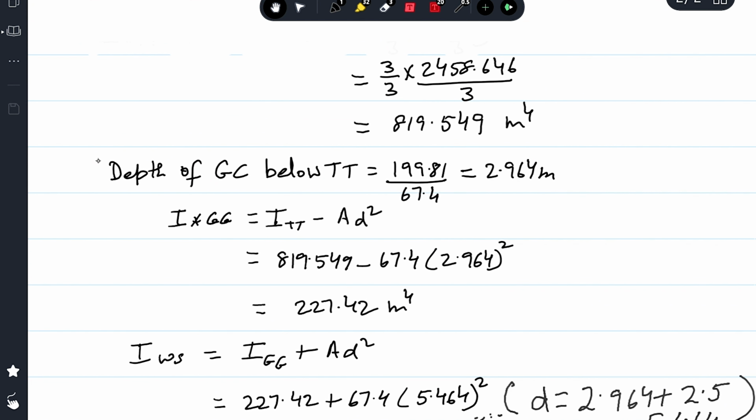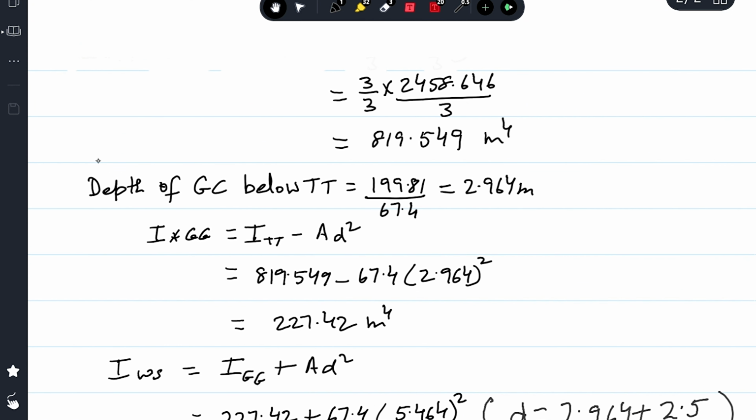So use this D here, 2.964 squared, and we will get IgG, which is the moment of inertia about the centroid, 227.4.